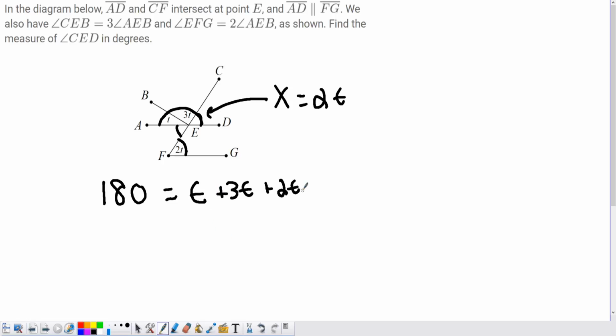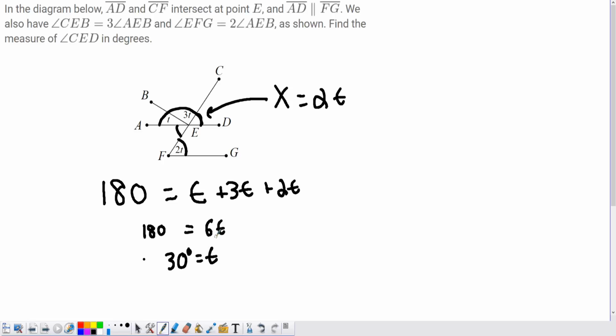Well, 3 and 2 is 5, plus 1 is 6. 6T equals 180. Divide by 6, and you will get your answer of 30 degrees. That is what T is.